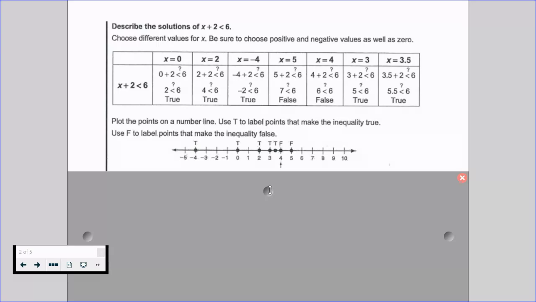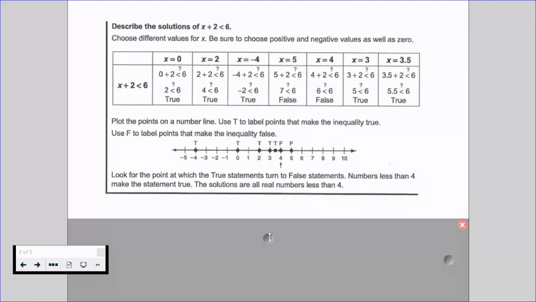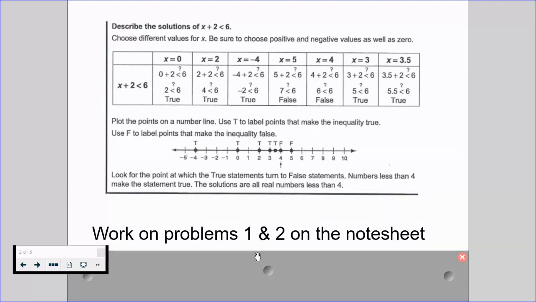So we're going to look for the point at which those true statements turn to false statements. And again, that is 4. We see numbers less than 4 make the statement true. The solutions are all real numbers that are less than 4. Awesome. With this in mind, please work on problems 1 and 2 on your note sheet, and then resume the video when you are ready to move forward.